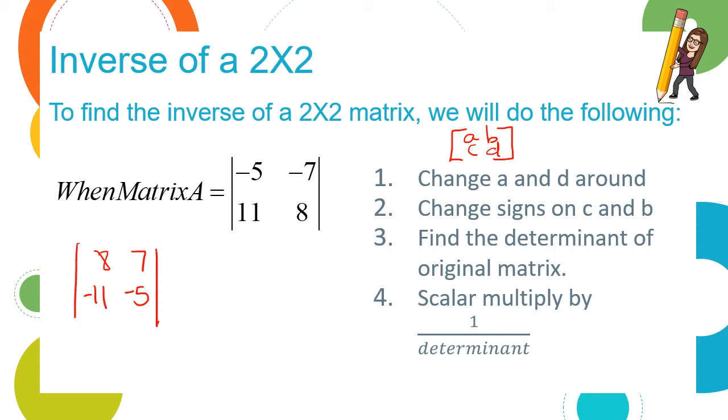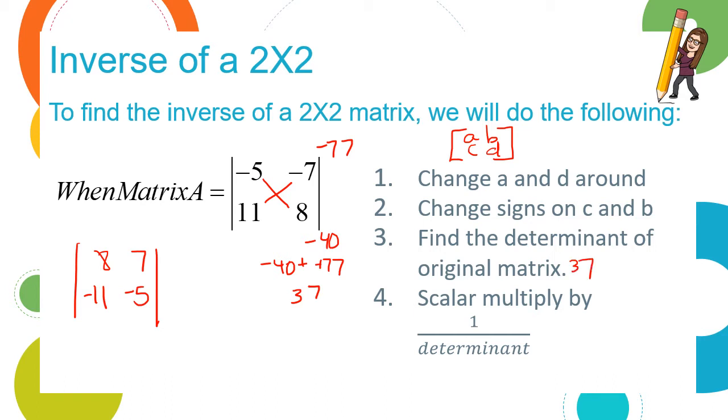I'm going to find the determinant of the original matrix. So let's see, that would get me to negative 40, negative 77. We're going to subtract, which changes to adding, which gets me to, let's see, what do we got, 37? So there's my determinant, 37.